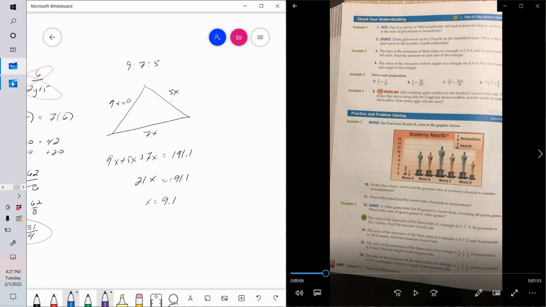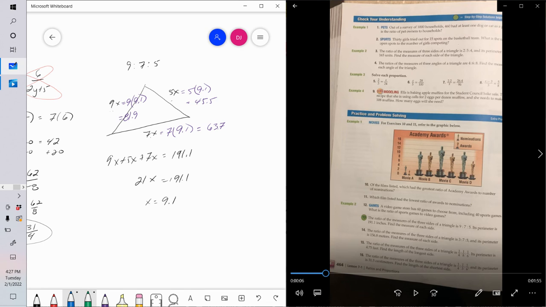So this side is 9 times 9.1. 9 times 9.1 is 81.9. This side here is 5 times the 9.1, so that's going to be 45.5. The 7x side is 7 times 9.1, so that's 63.7.